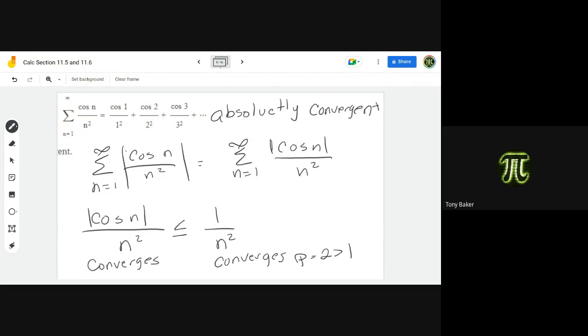If it was in radians, 1 would be positive, 2 is between pi over 2 and pi, so it'd be negative, and then it goes positive and then positive. So it jumps back and forth. But it doesn't matter, because we've stated that it's absolutely convergent, and that means any variation of signs on the top will still be convergent. Okay? Does that make sense?